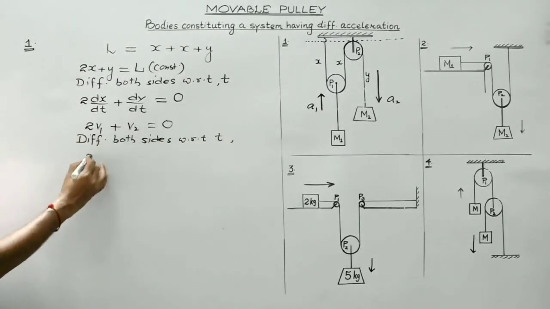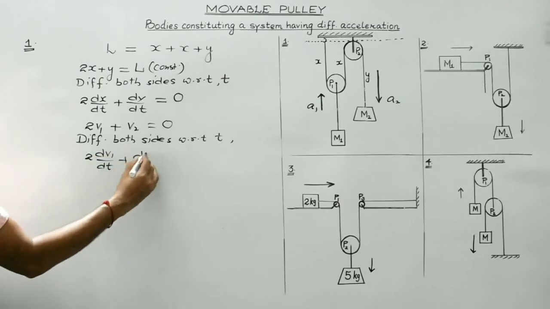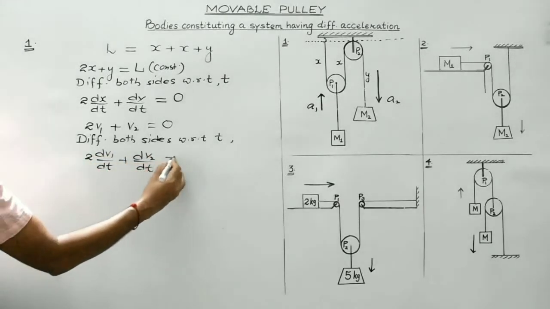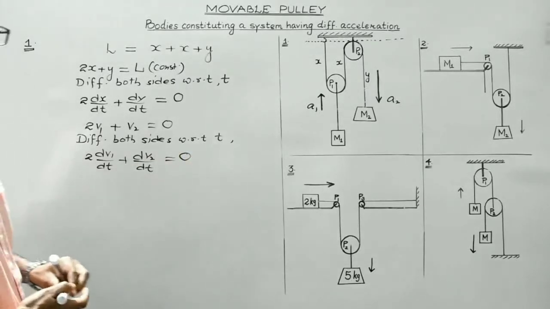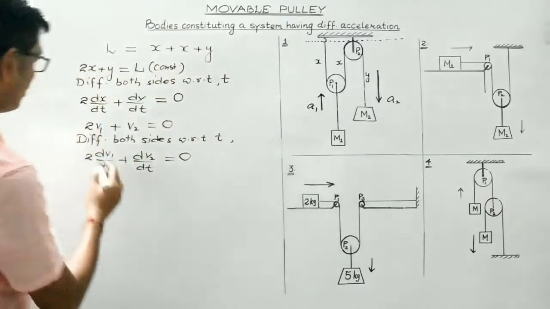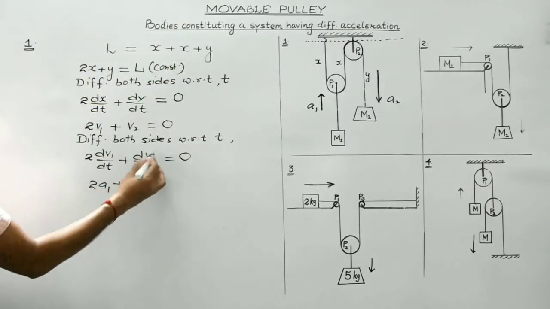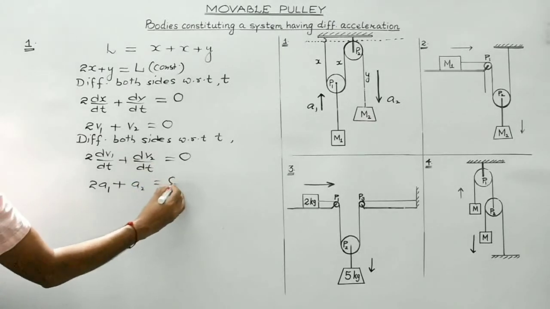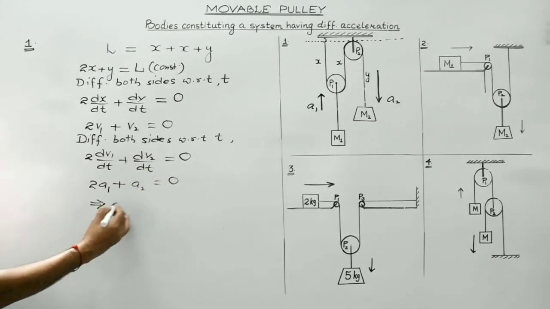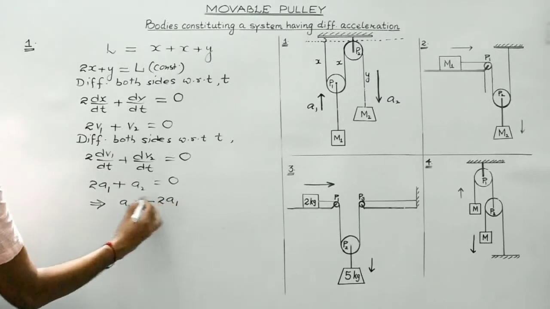What we get is twice dv1 by dt plus dv2 by dt is equal to 0. Now the time rate of change in the velocity of the body will give us its acceleration. So this is twice a1 plus a2 is equal to 0, which implies that, students, a2 is equal to minus twice a1.